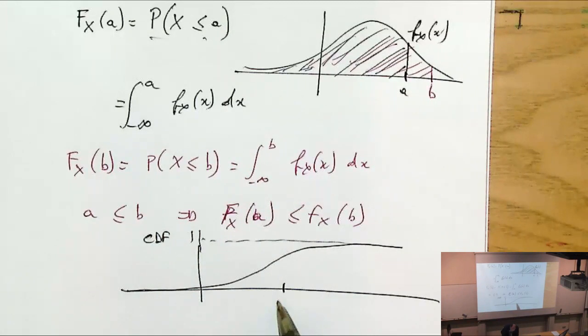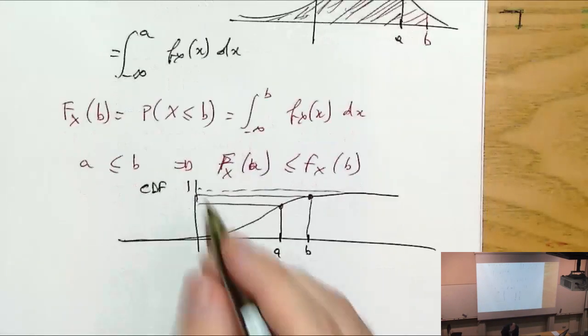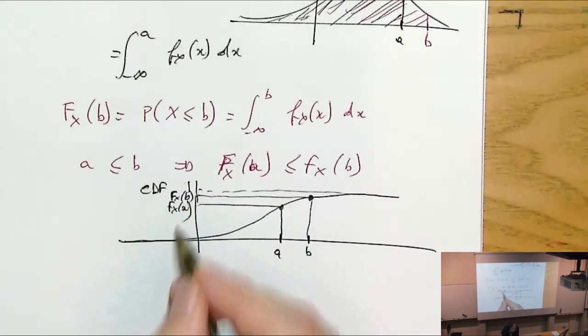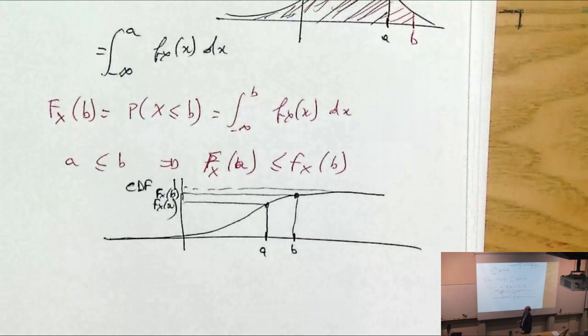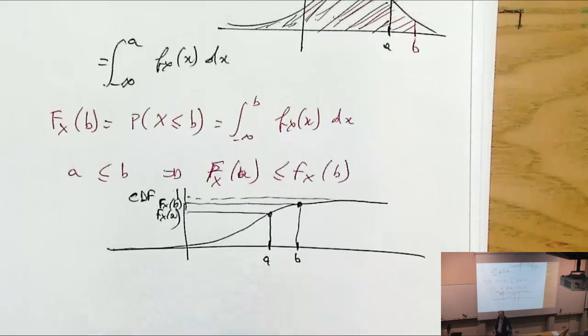If you're looking at A, this is the value of the CDF of A. If you look at B, this is the value here of the CDF at B. So the CDF is actually a non-decreasing function. If you take two values A and B, B is larger than A, the CDF at B will be larger or equal to the CDF at A.